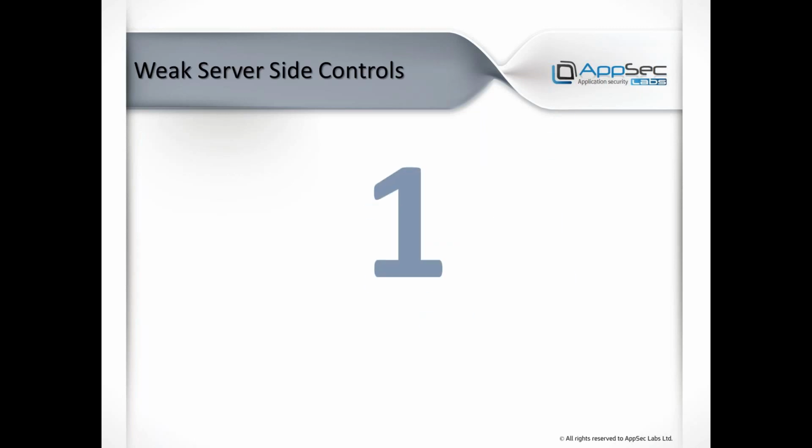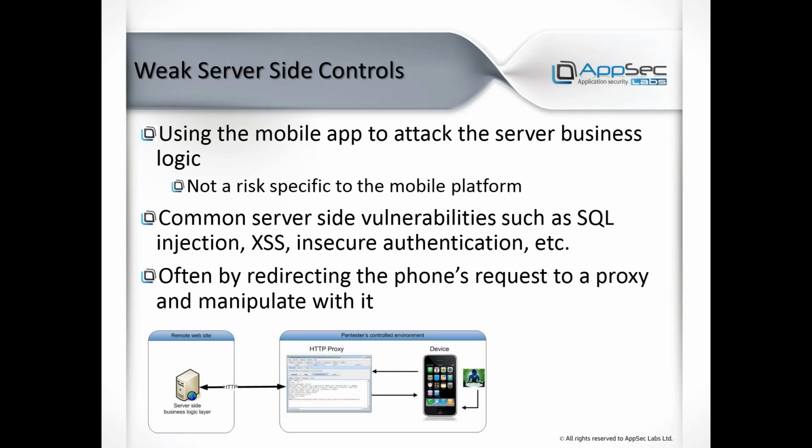Number one is the weak server-side controls. In number one, we are after vulnerabilities in the functionality that the mobile app is using when it is communicating with the server side. So usually the important logic happens at the server side.